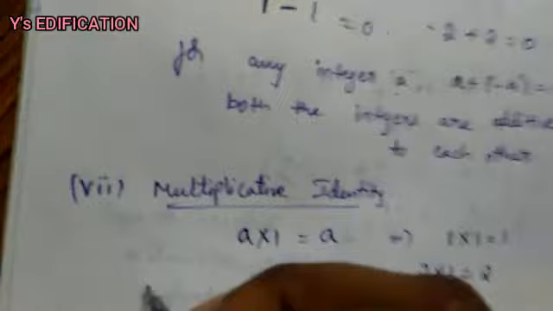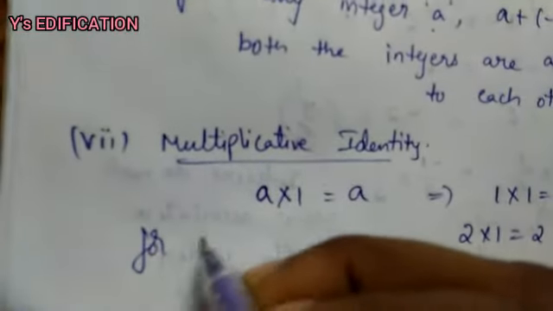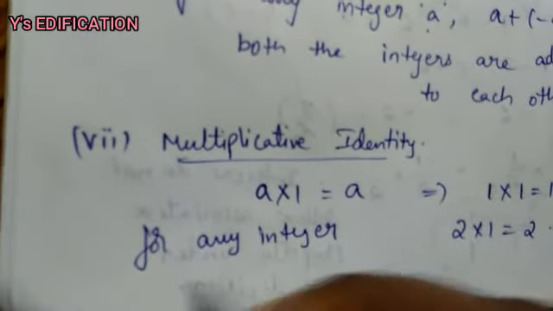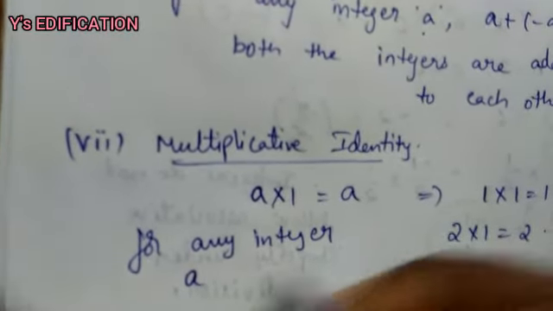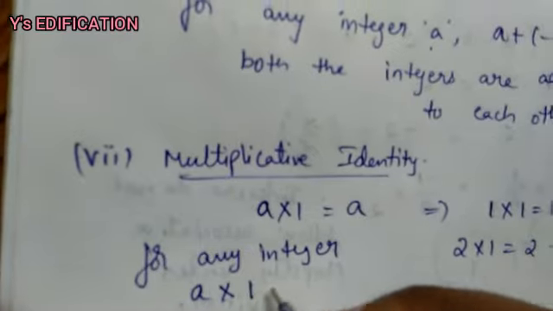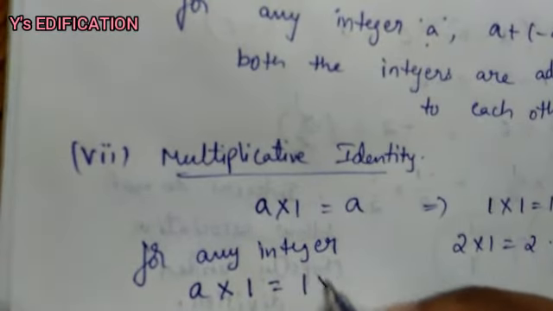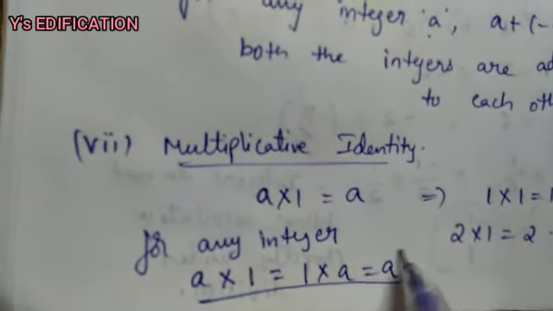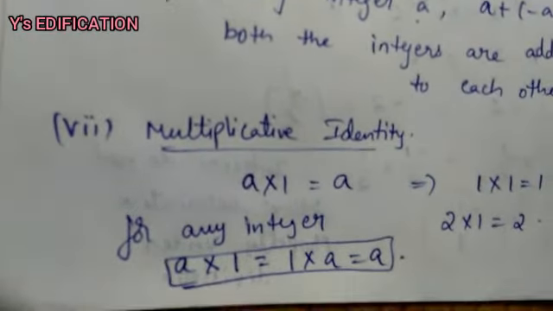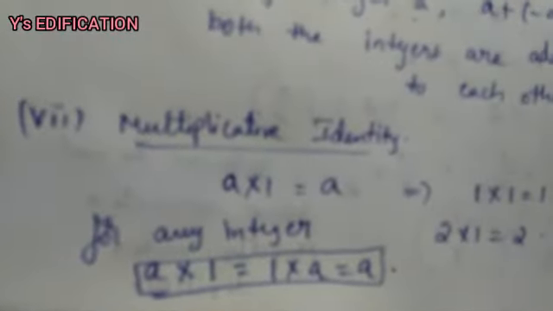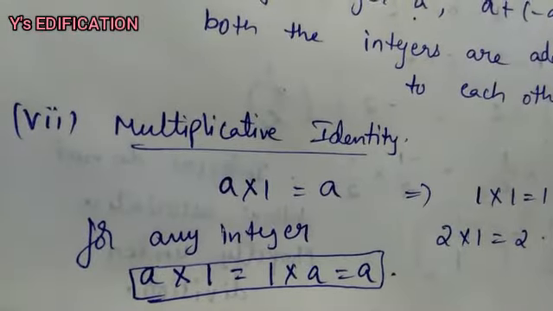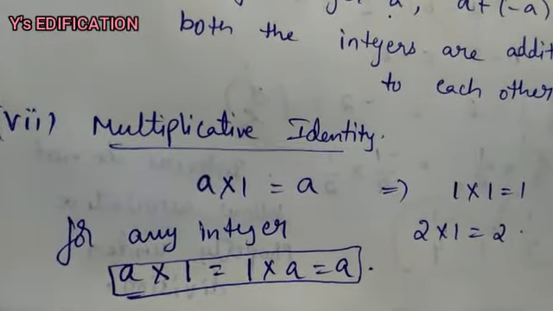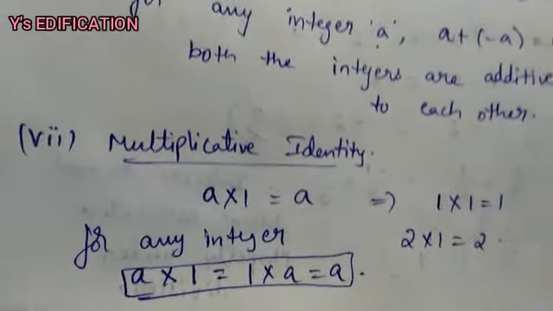That means for any integer, a into 1 is equal to 1 into a is equal to a. If we multiply 1 with any number, the answer will be that number. So 1 is the multiplicative identity, 0 is the additive identity.